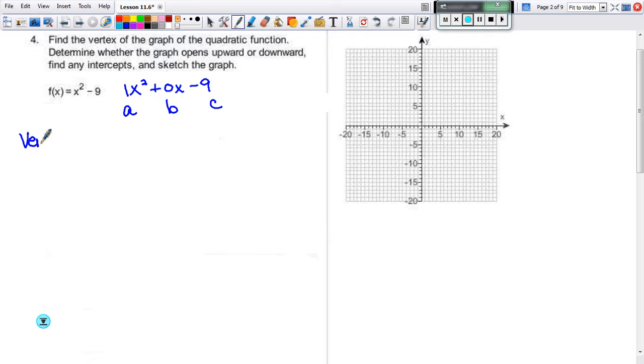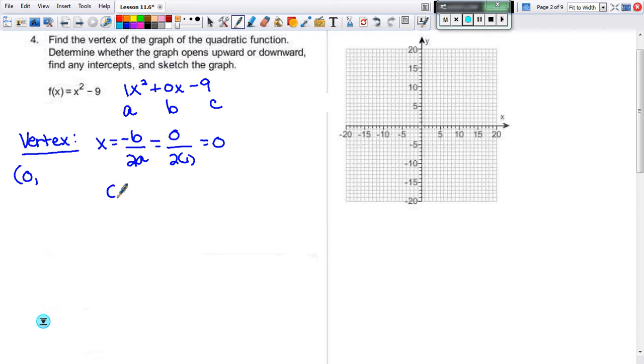So the vertex: x equals the opposite of b over 2a. So the opposite of 0 is just 0. I don't even have to figure out anything else, because 0 divided by anything is just 0. So my vertex, the x value, is going to be 0.